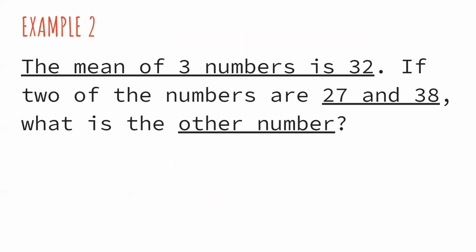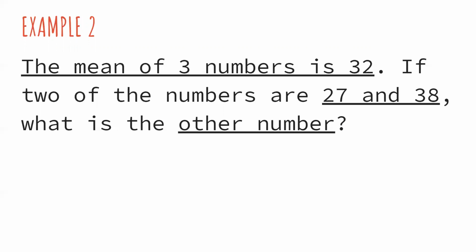Now here's another example. The mean of 3 numbers is 32. If 2 of the numbers are 27 and 38, what is the other number? They want us to find the other number, but which number is that exactly?